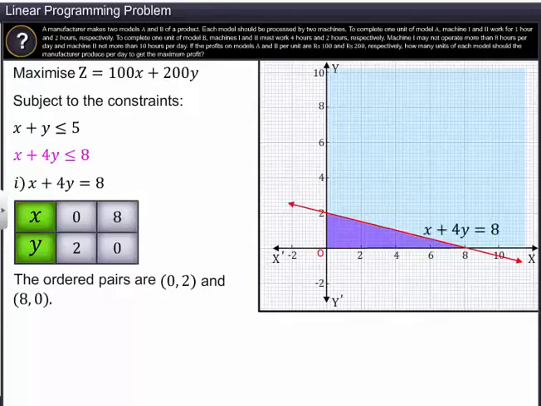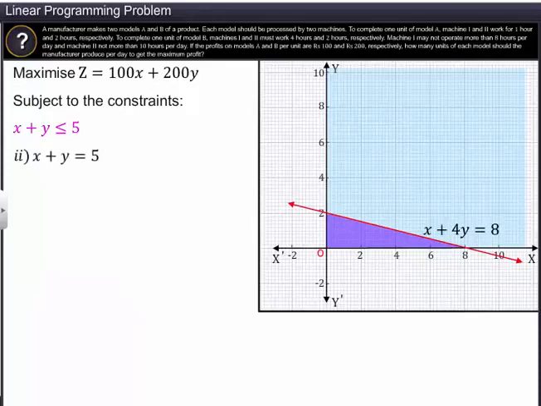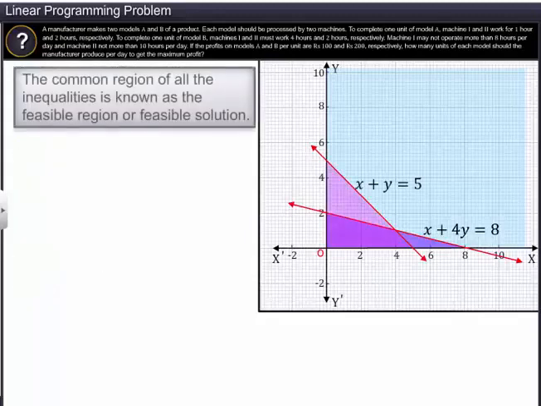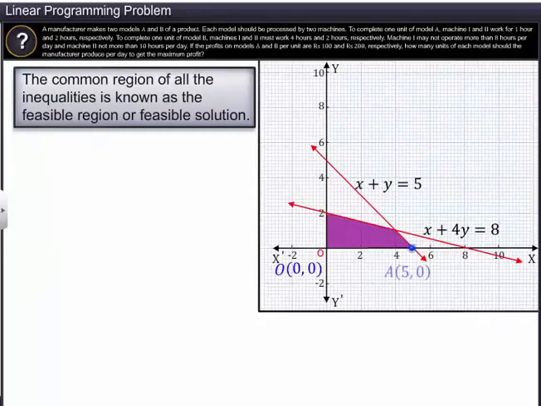The solution of the inequality x plus y is less than or equal to 5 is towards the origin. The common region of all these inequalities is known as the feasible region or feasible solution. To maximize or minimize the objective function, we use two theorems.